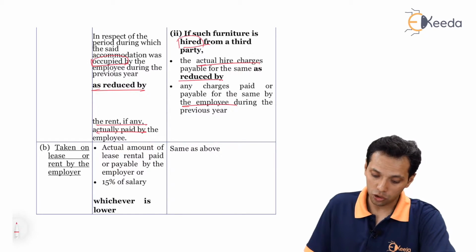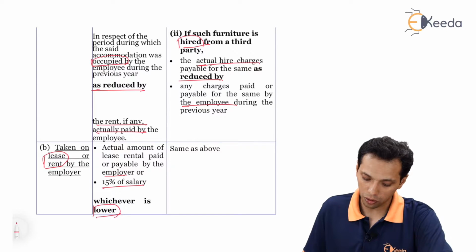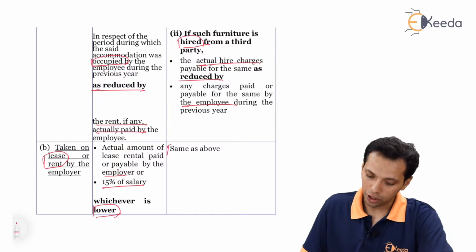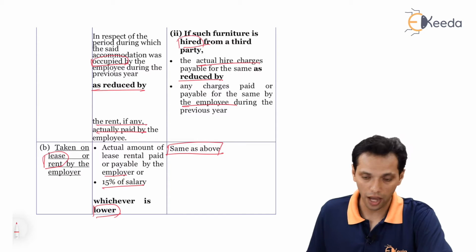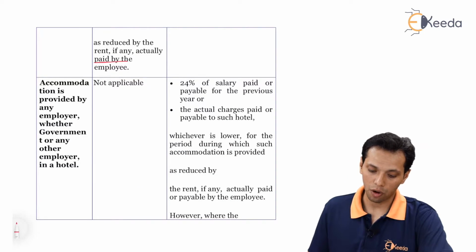So subcategory 2, taken on lease or rent by the employer: the actual amount of lease rental paid or payable by the employer or 15% of salary, whichever is lower. And for furnished accommodation, it's the same as above, 10% or actual hire charges, as reduced by rent, if any, actually paid by the employee. Fine.